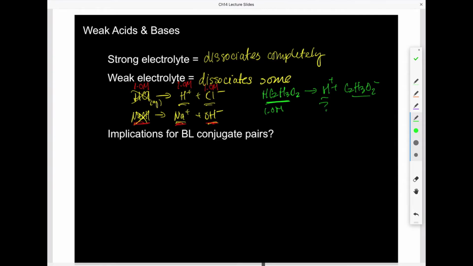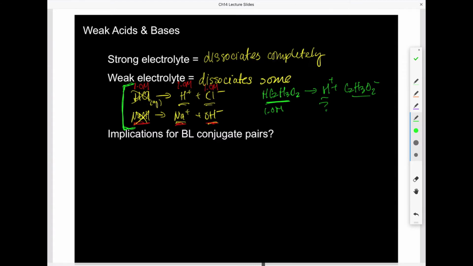So that being said, when we talk about calculating pH, we are going to stay in the land of strong electrolytes. Strong electrolytes, because they dissociate completely, are also strong acids and bases. Okay, so one more time. Things that are classified as strong electrolytes are also strong acids or strong bases.